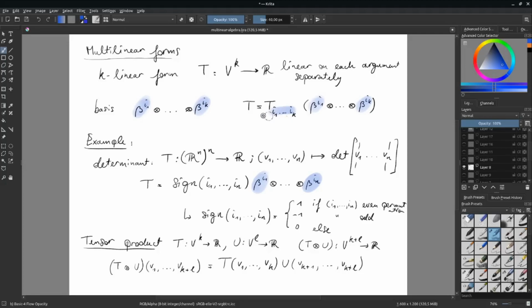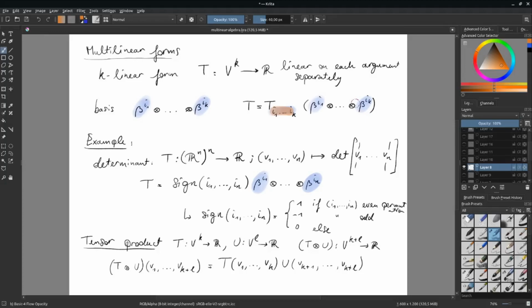And generally the notation will be that my multilinear form T is expressed by these coefficients T i1 through ik. This should be covariant indices. So you have covariant indices describing my k-linear forms, and I express it in my basis elements.